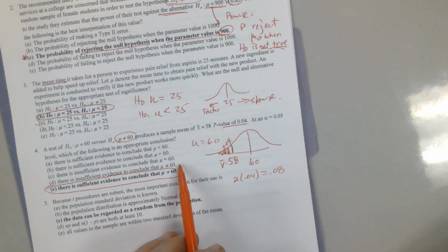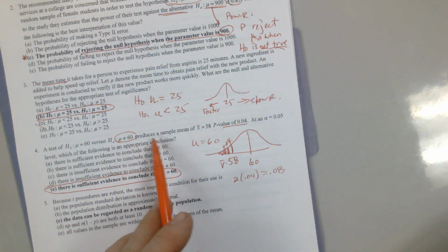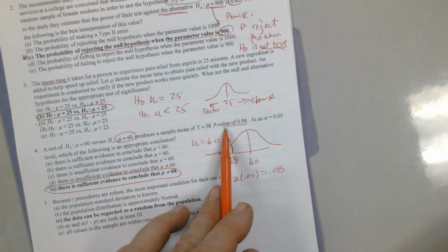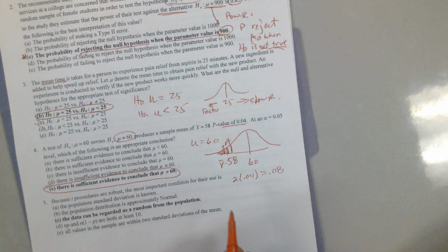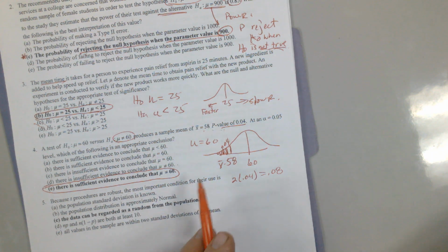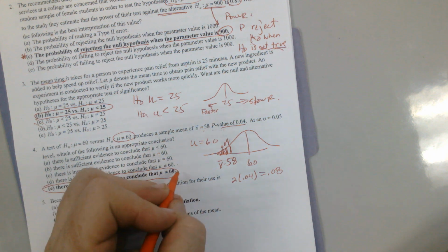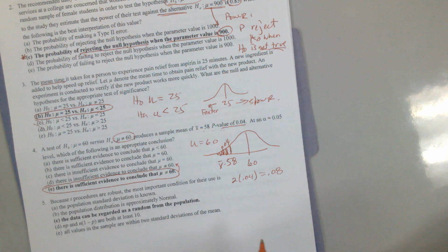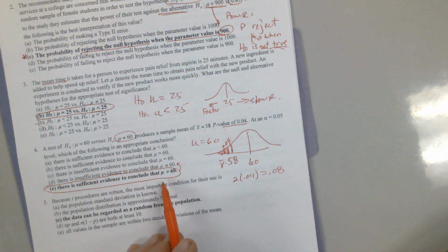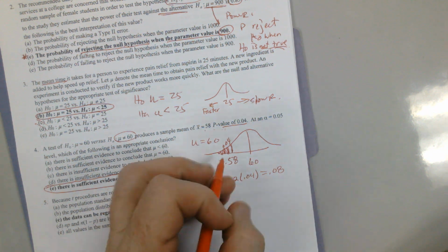And no, see, I would say that there is insufficient evidence because if a sample means this and a p-value, I don't know. I guess you could go either one. Either one would be correct in my eyes. So I would say multiply it by 2, but according to the answer, they didn't multiply it by 2.